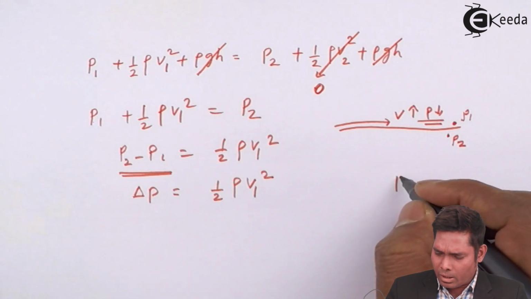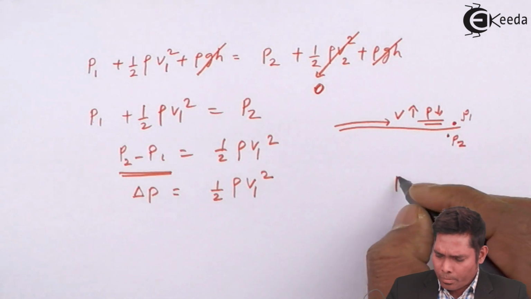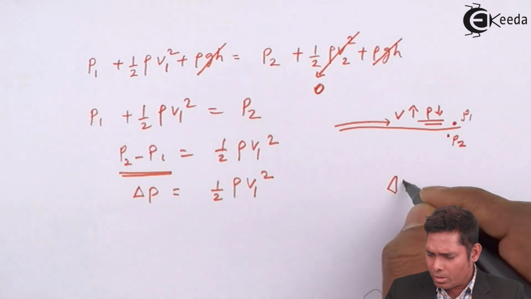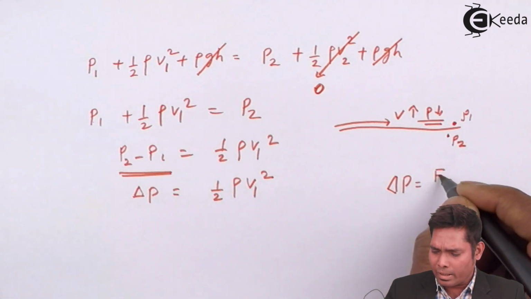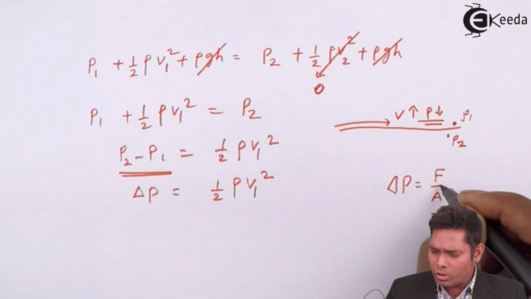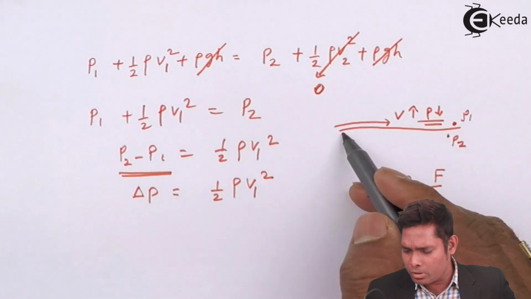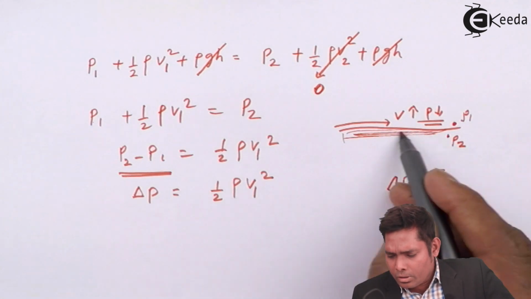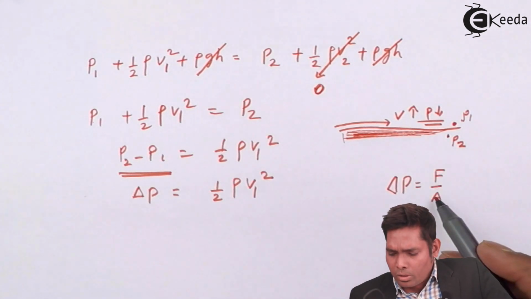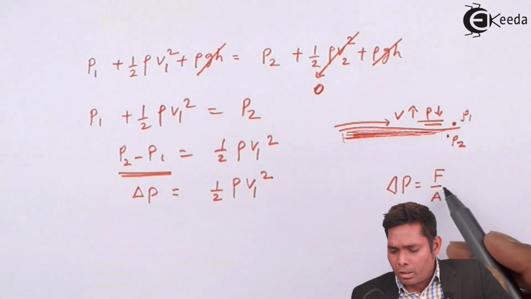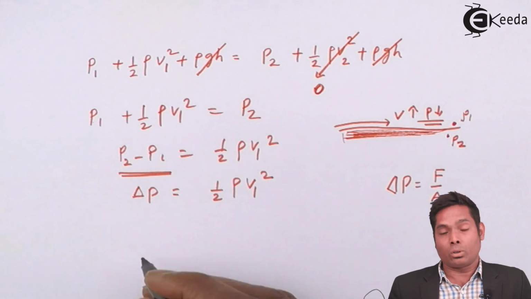We know that pressure is defined as the force acting per area. So the difference of pressure multiplied by the area of the roof will give you the force that is acting on the roof.